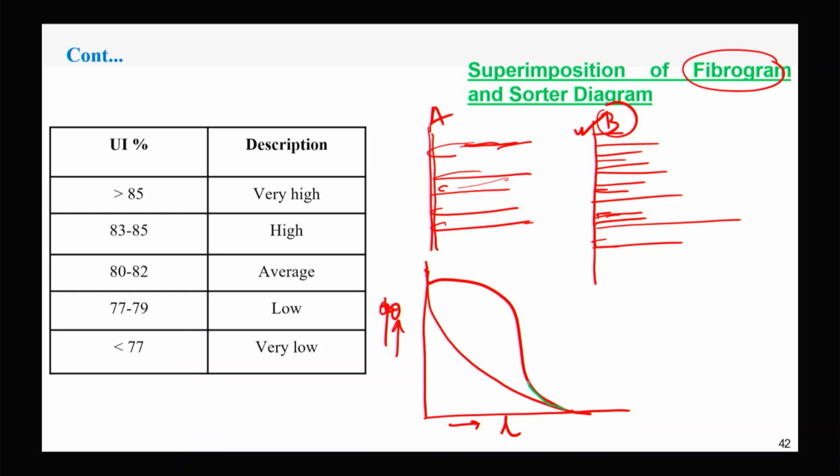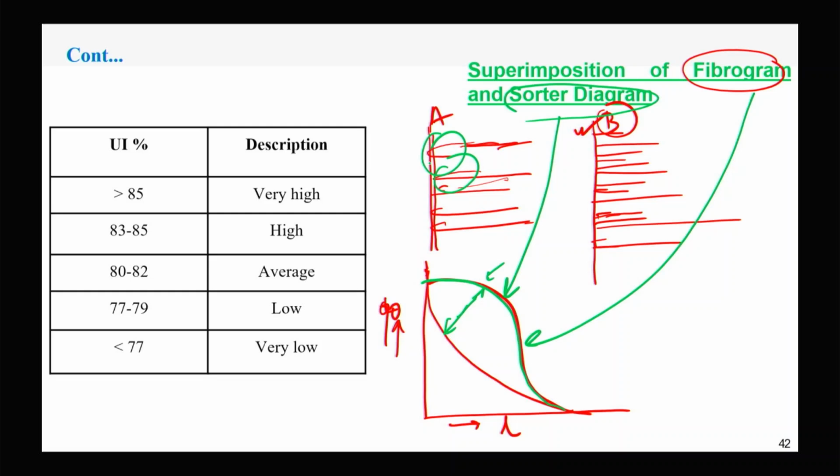Although this will be shaped like a shorter diagram. The shape will be like the shorter diagram, although it's a fibrogram. So that means that the difference in the shapes of fibrogram and shorter diagram is mainly due to this loop formation, folding of the fibers.